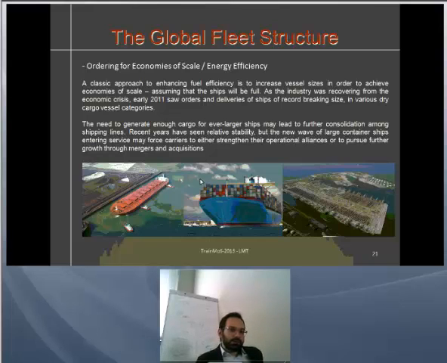So as the industry was trying to recover from the economic crisis in 2011, many orders and deliveries of record-breaking size came into place in various cargo vessel categories. Taking this into consideration, there is a need to generate enough cargo for these very large vessels that were actually delivered.